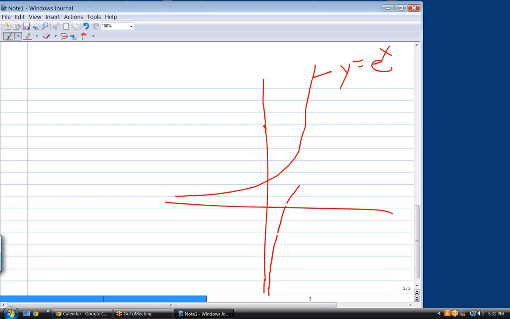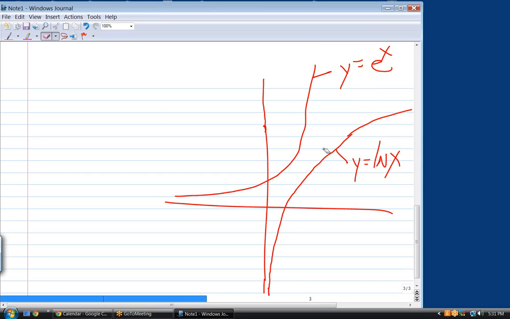And notice what the inverse does. This is y equal natural log of x. These two are not the same, but they are inverses of one another.